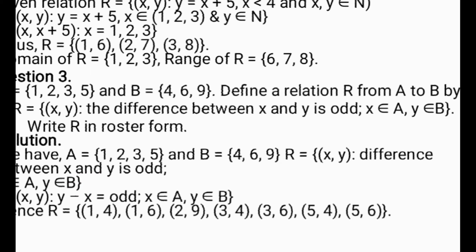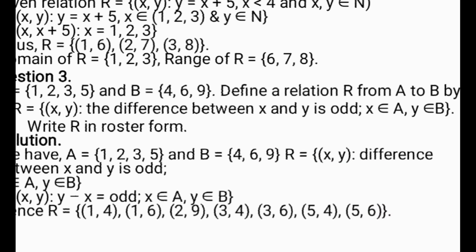See relation (x, y): y minus x equal to odd. So odd number means R equal to the first element 1: (1, 4), (1, 6), (2, 9), (3, 4), (3, 6), (5, 4), (5, 6).